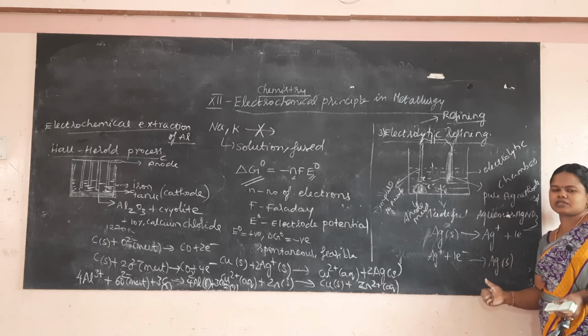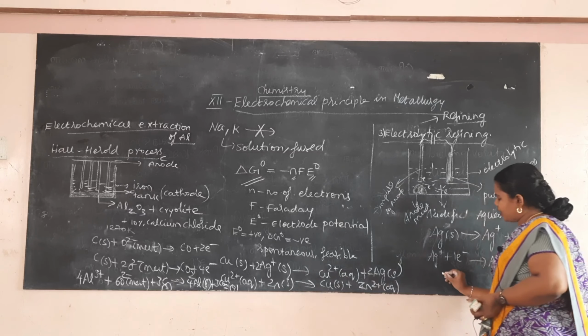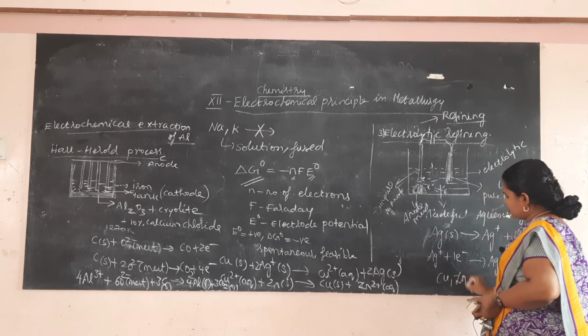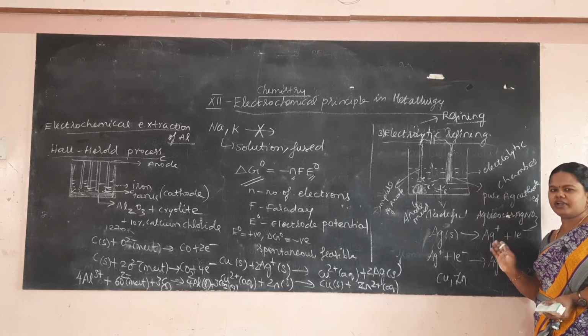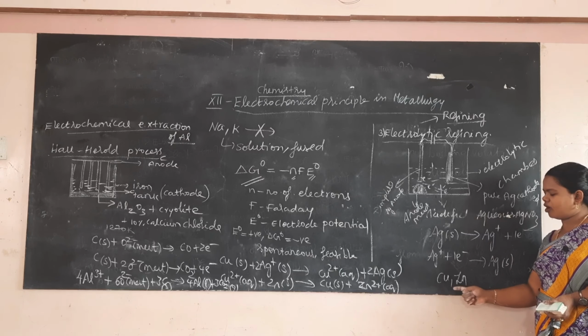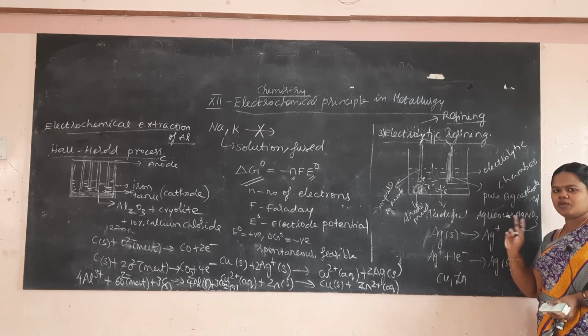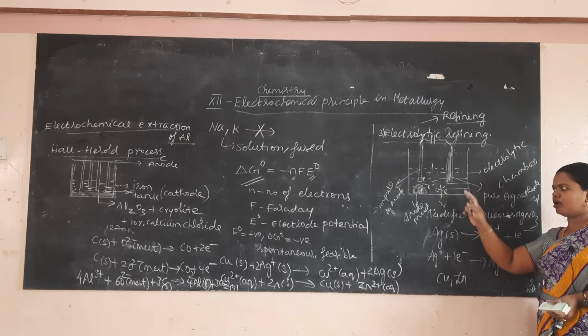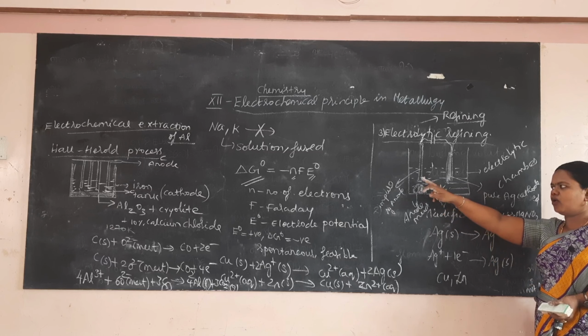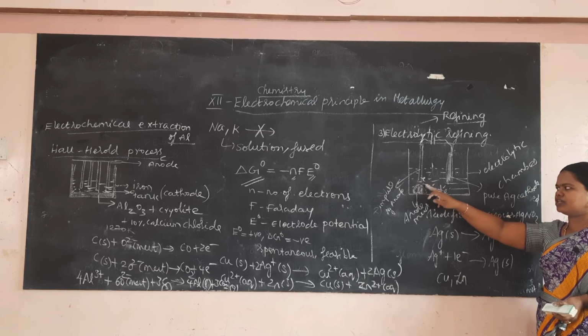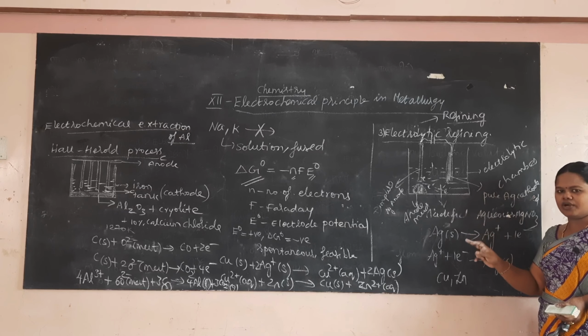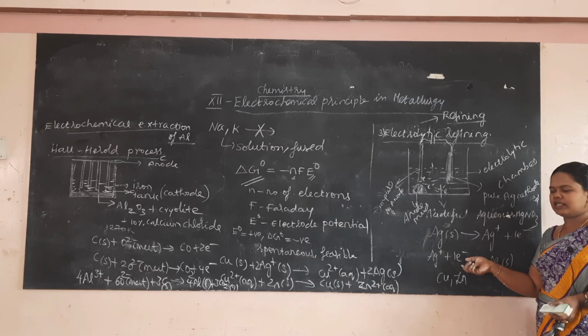This method is not only used for silver, it is also used to purify copper and zinc. Again, the impure metal is taken as the anode and the pure metal is taken as the cathode. The principle is anodic oxidation, cathodic reduction. This you have to remember. Then you can easily write the equation.